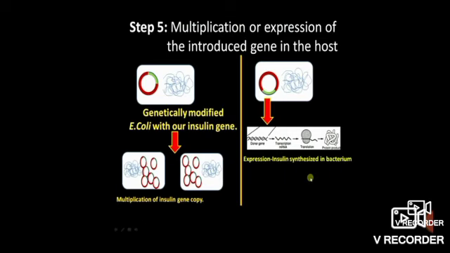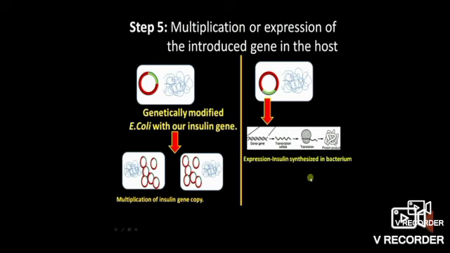Now, by recombinant DNA technology, insulin is synthesized. The name of that insulin is humulin. Human insulin, humulin, is being synthesized by recombinant DNA technology, rDNA technology, where we are using the same procedure. We are making bacteria as big biofactories to synthesize human insulin inside.